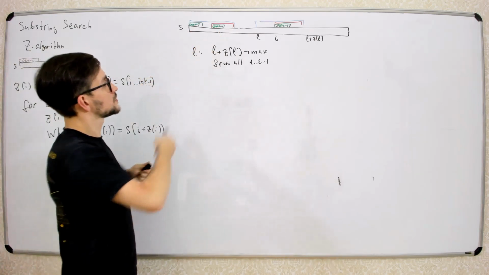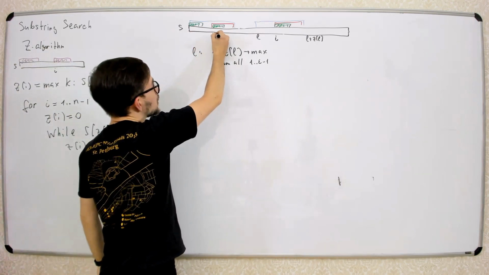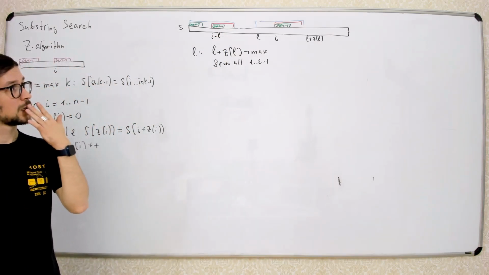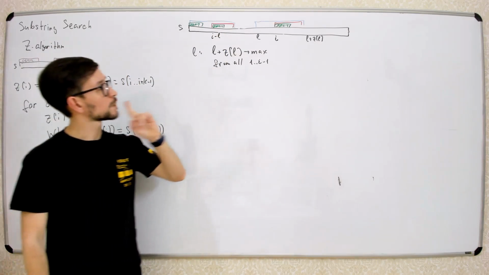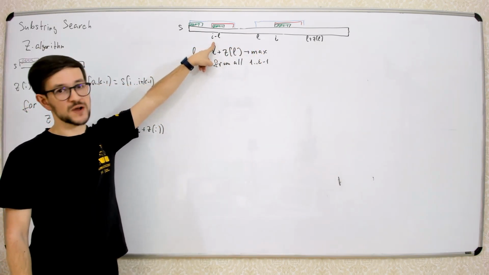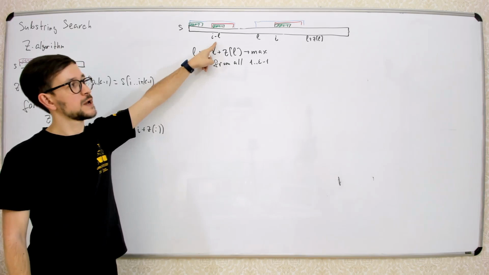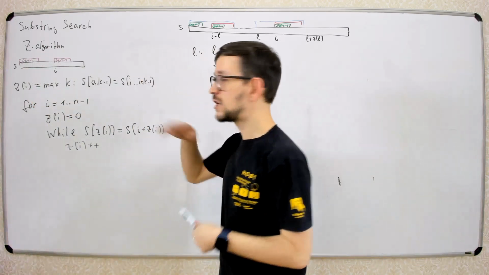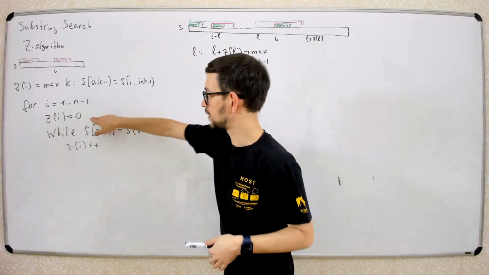And this position is actually I minus L. So what I want to do, I want to check the position I minus L, check the Z function in this position, and just use all these characters, just to skip all these characters when I calculate this initial value.